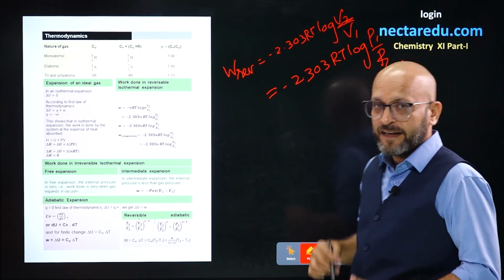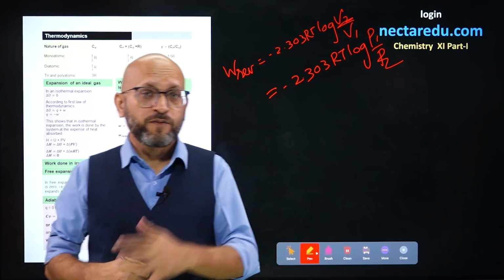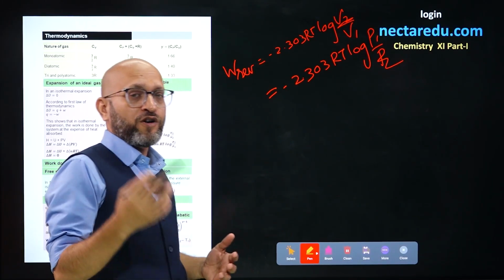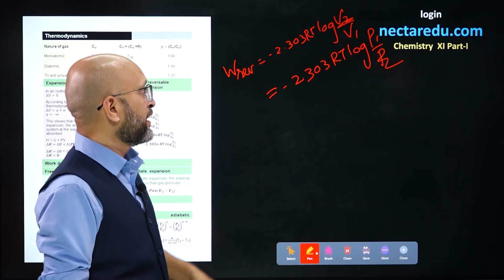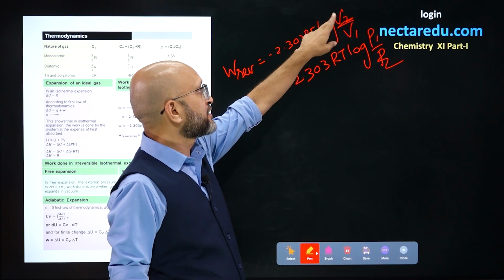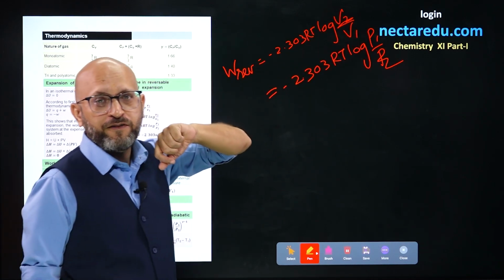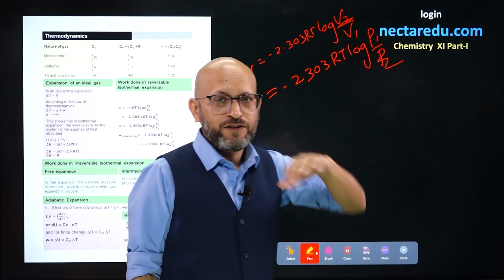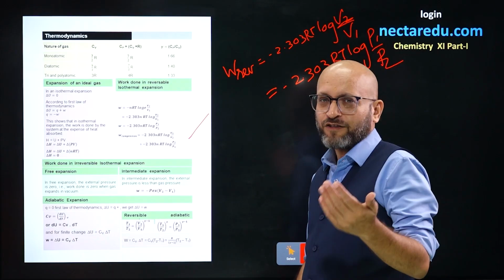So these are the formulas for isothermal expansion in a reversible process. Similarly, for compression, just reverse this. This will be V1 by V2 and this will be P2 by P1 for compression. Alright. So these are a few formulas which you will be needing for calculation.